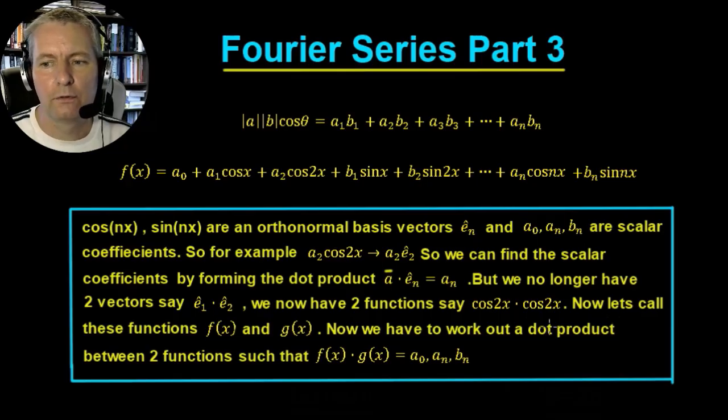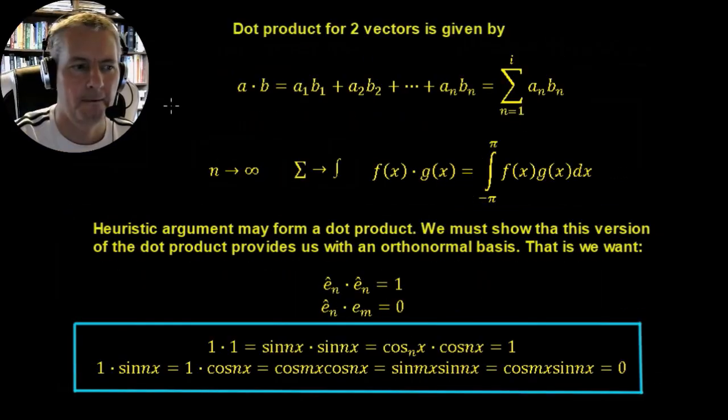So let's call these functions and let's generalize it, and we'll call the functions f of x and g of x. So now what we have to do is work out a dot product between two functions, f of x and g of x, such that it gives us the value a0, an and bn. So let's look at doing that now.